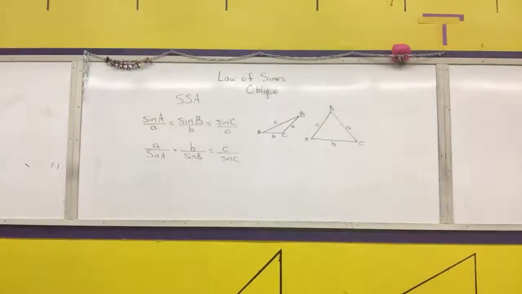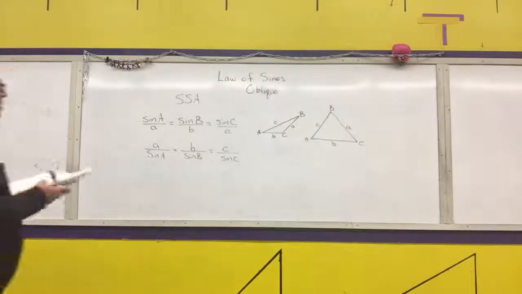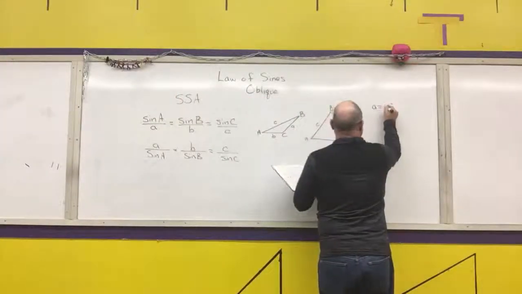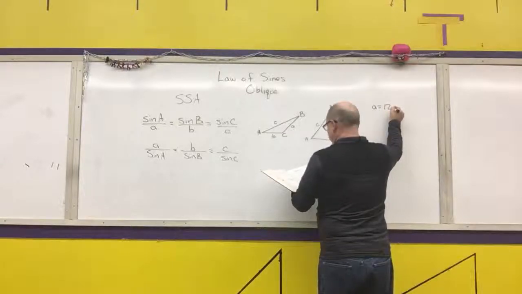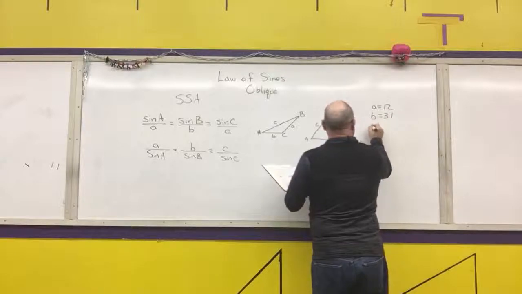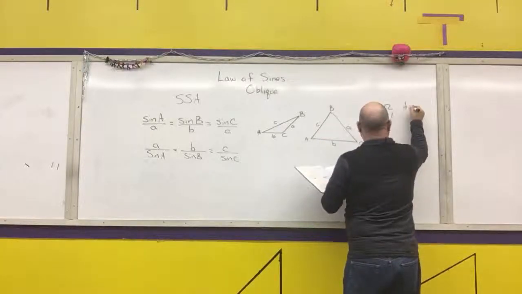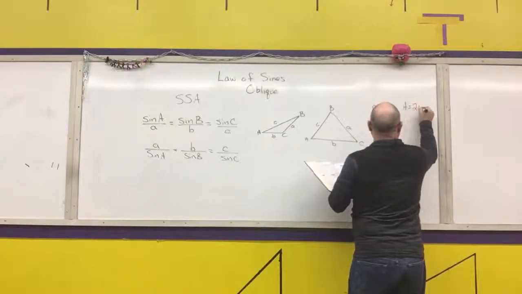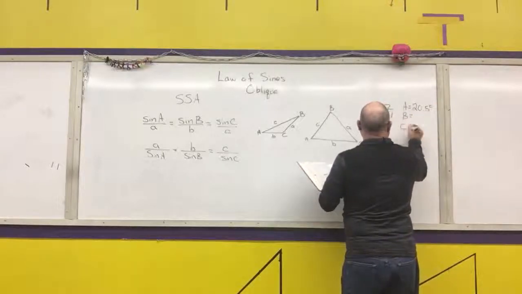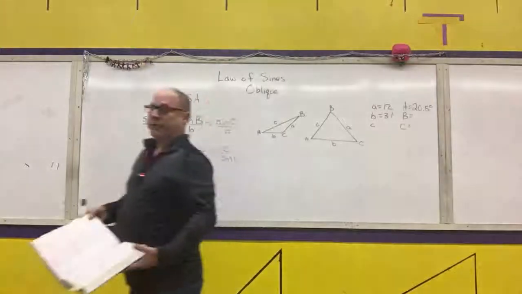So my first example I'm going to do, we are going to say that little a is 12, little b is 31, angle A is 20.5 degrees, and the directions are to solve the triangle.